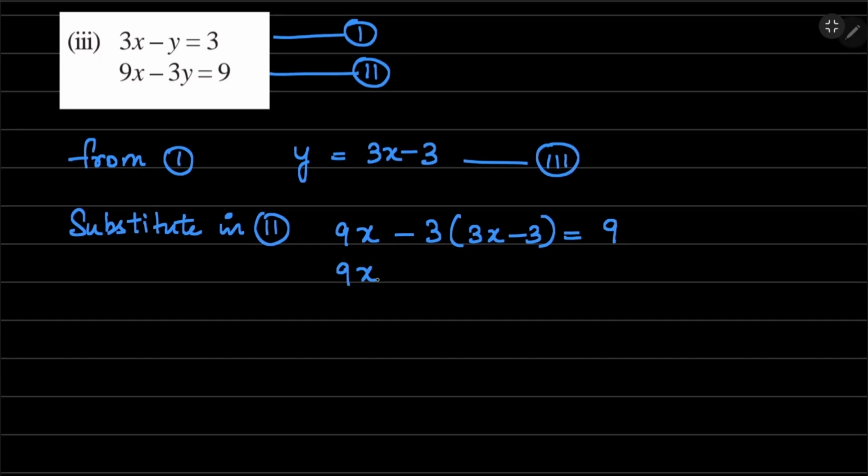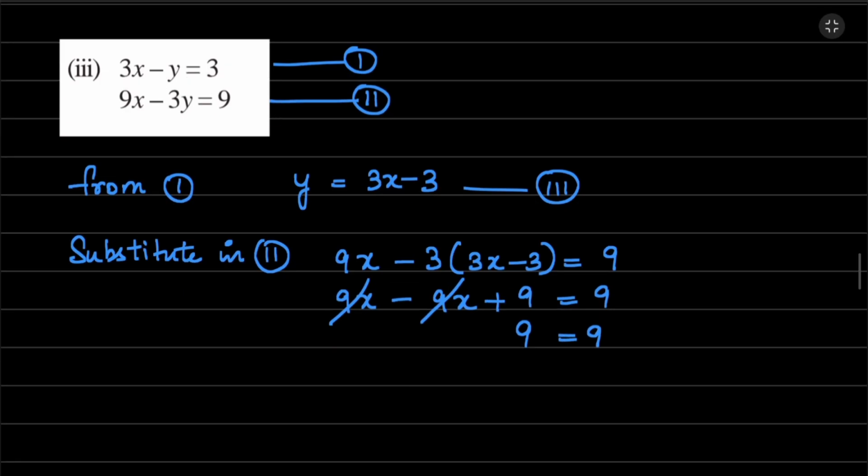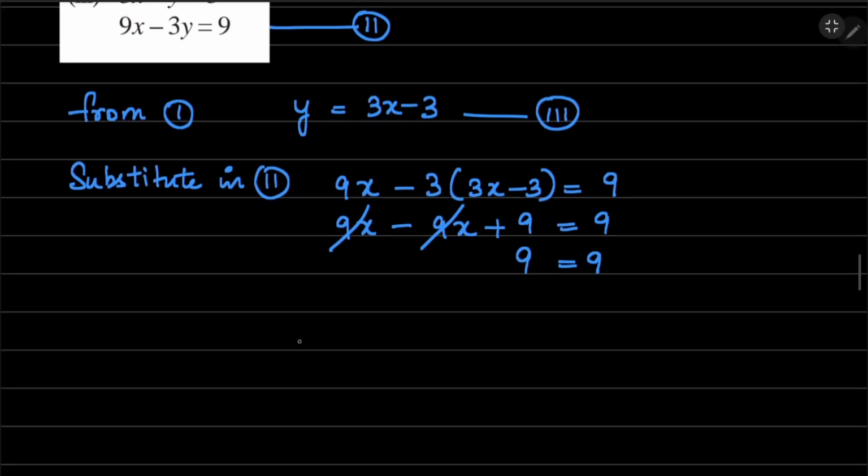So you will have 9x minus 9x plus 3 3s are 9 is equal to 9. Again, 9x and minus 9x get cancelled and you are getting 9 is equal to 9. Always remember, whenever one of the variables, here x itself, gets cancelled, that means this pair of linear equations has infinitely many solutions.